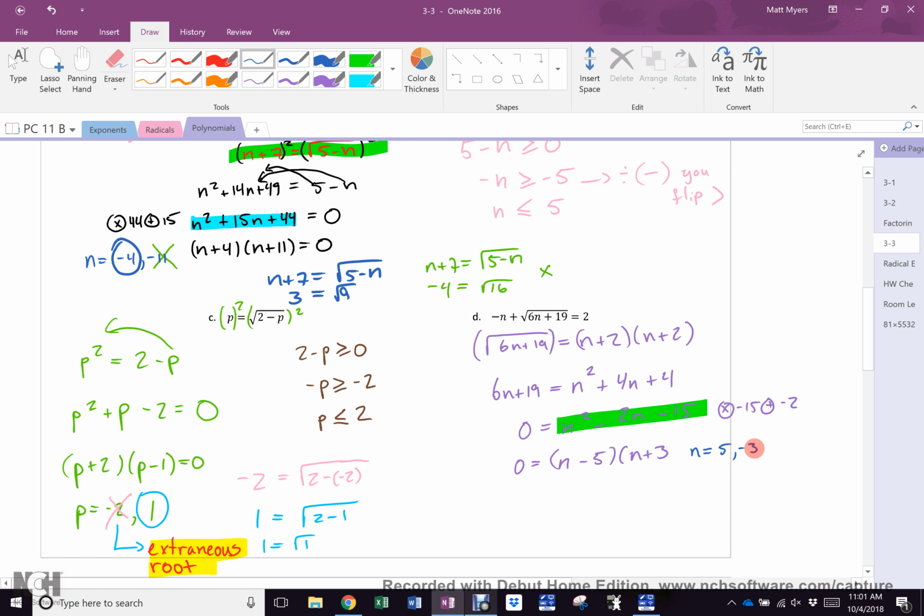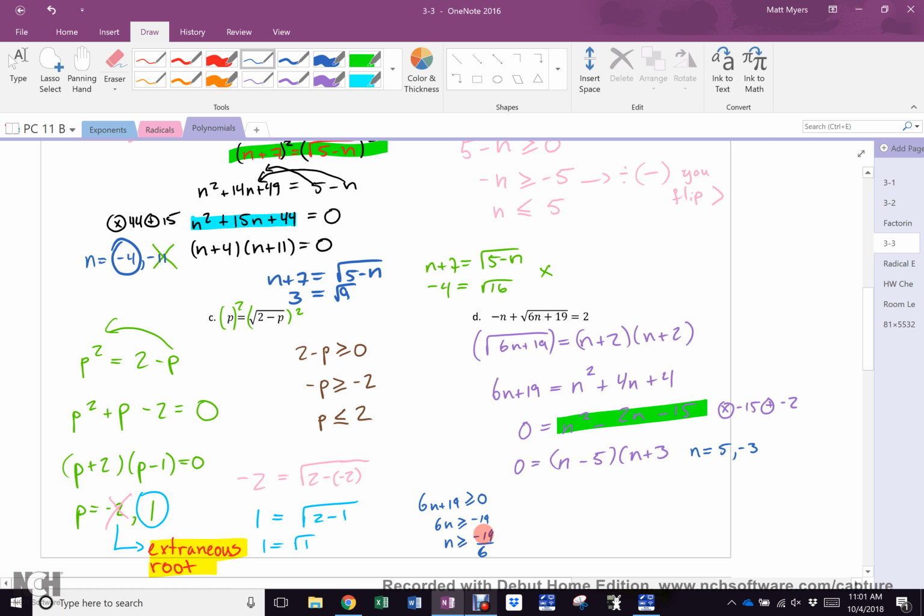What is check 1? Restrictions. The restriction says 6n plus 19 has to be greater than or equal to 0. 6n has to be greater than or equal to negative 19. n has to be greater than or equal to negative 19 over 6, which is about negative 3, yes?